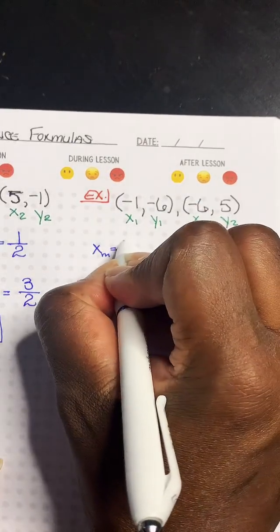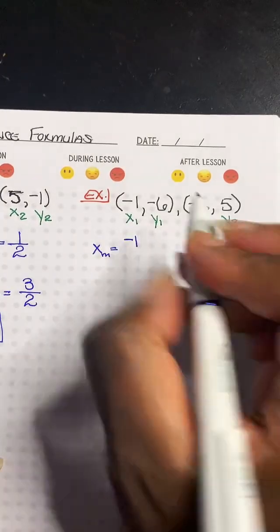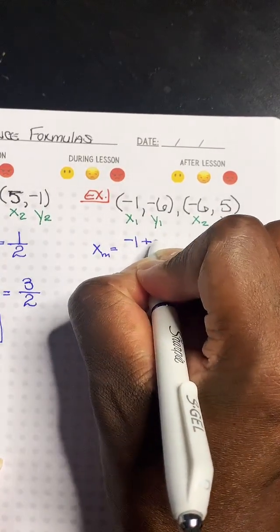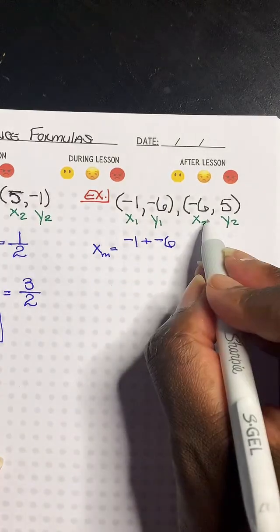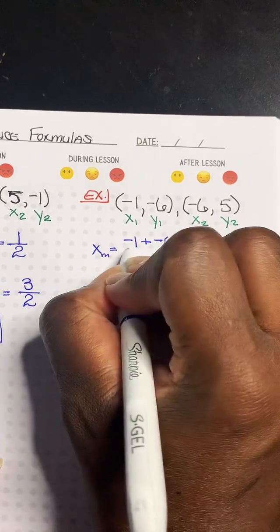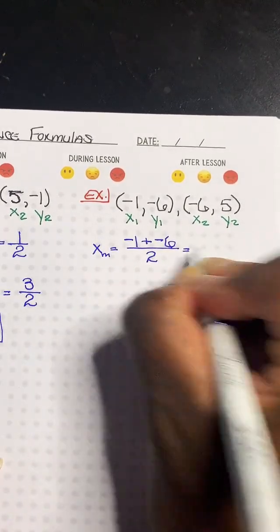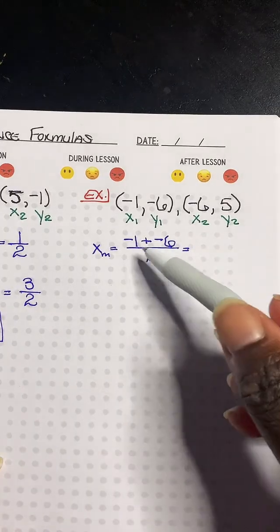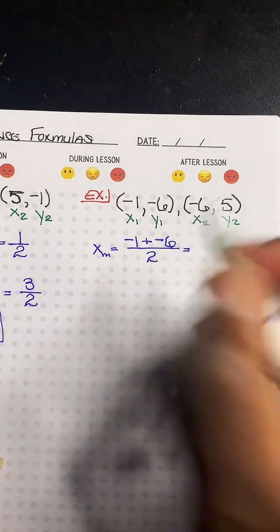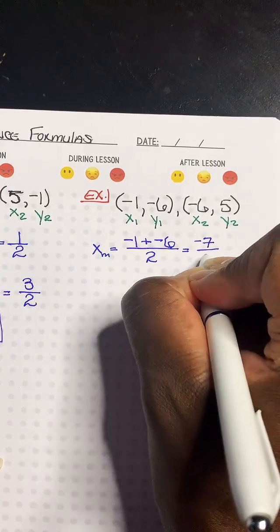So we're going to take that -1 for the first coordinate plus the -6 for the x in the second coordinate, and we're going to divide by 2. So now you got -1 plus -6. That gives you negative 7 halves.